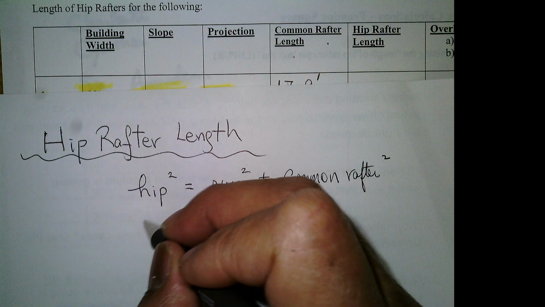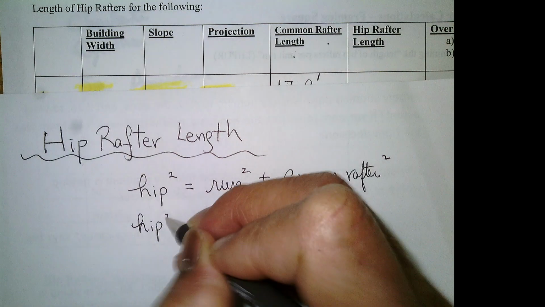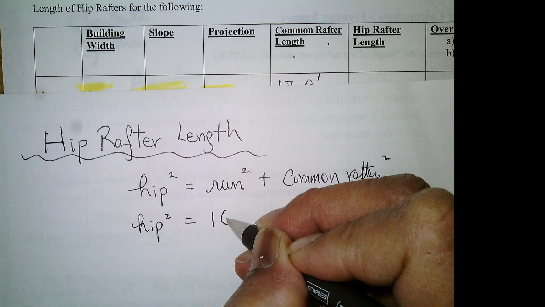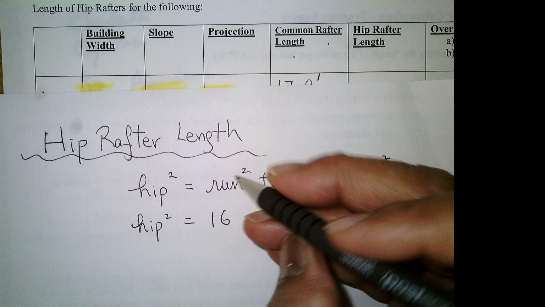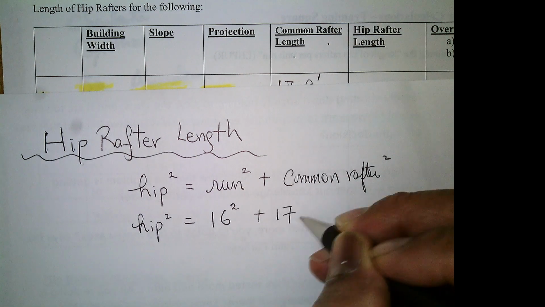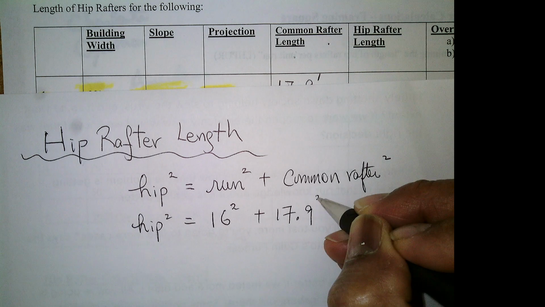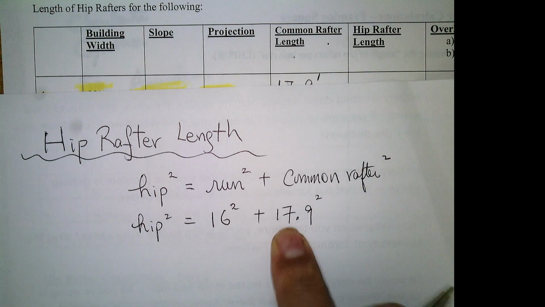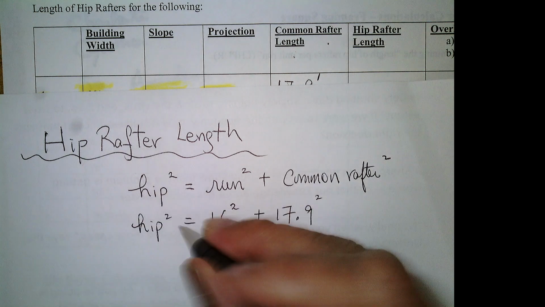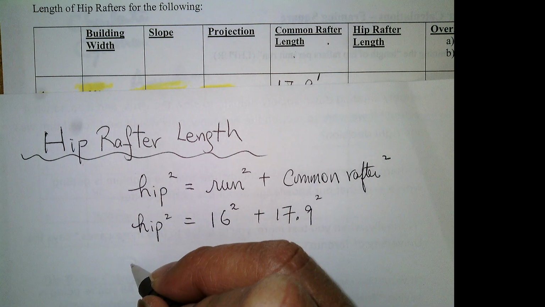So 16 squared plus 17.9 squared, that's the common rafter length and the run of the house, 16 feet. This time the calculation is in feet.